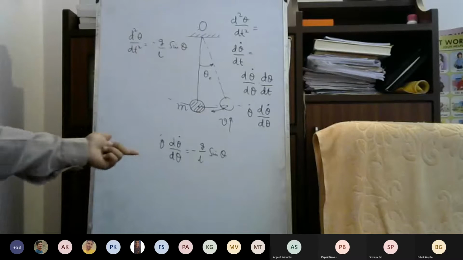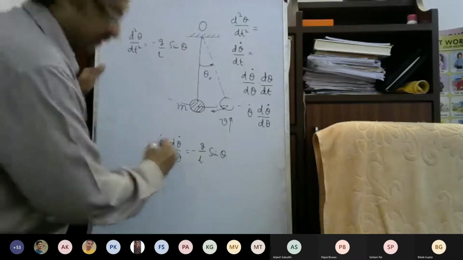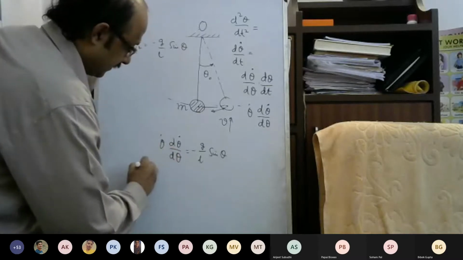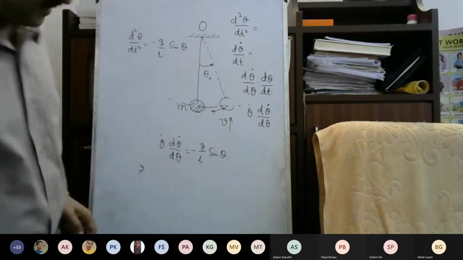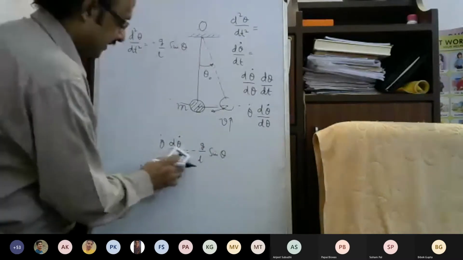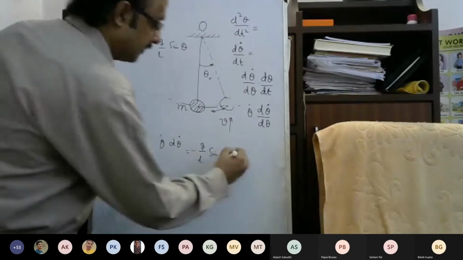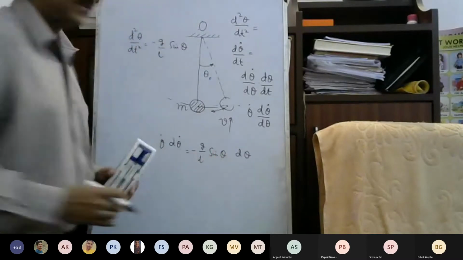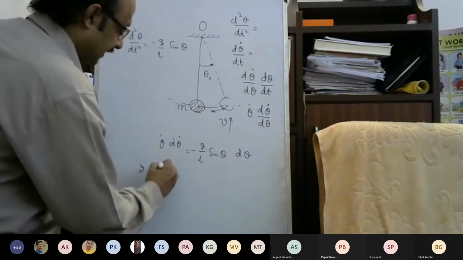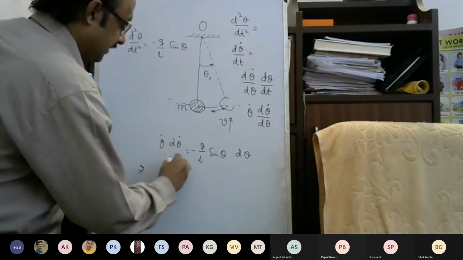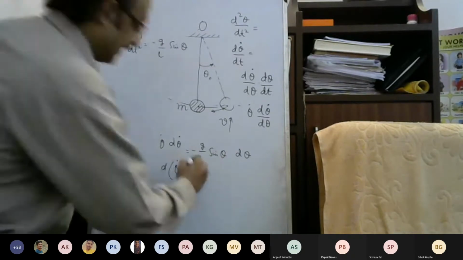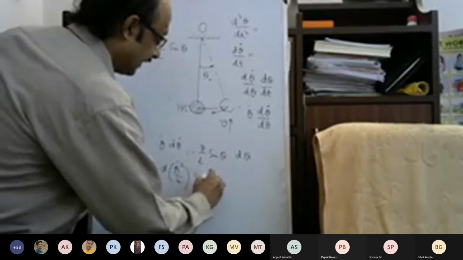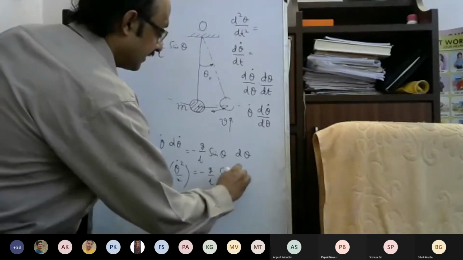Okay, then if you take d theta to the other side, this becomes d of theta dot square by 2, and that is equal to minus g by L sine theta d theta.